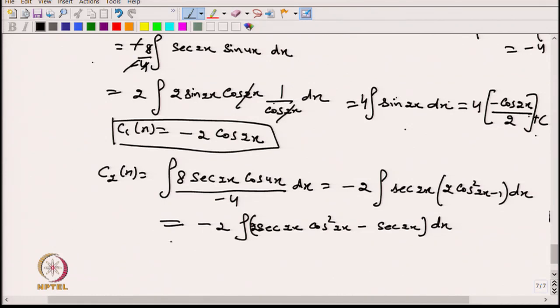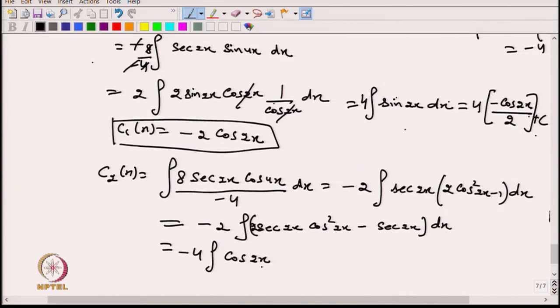Only the square will cancel out, so you will get only cos 2x, because 1 over secant is 1 over cos 2x.